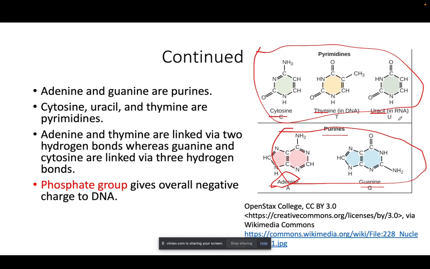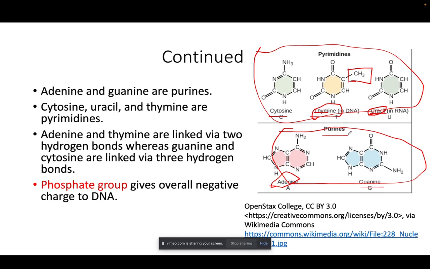Okay, and if you look carefully, there is not a significant difference between the structures of these bases. If you see the structure of thymine and the structure of uracil, in thymine there is an additional methyl group present, whereas uracil does not have any methyl group. So that's the only difference present.